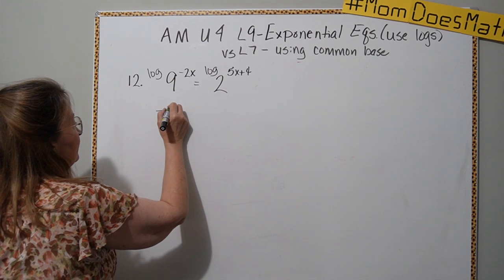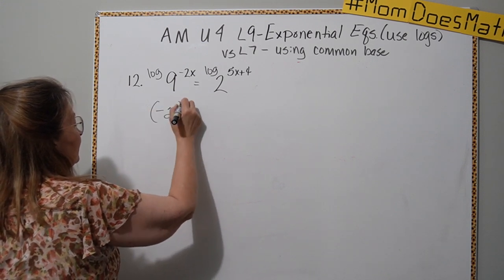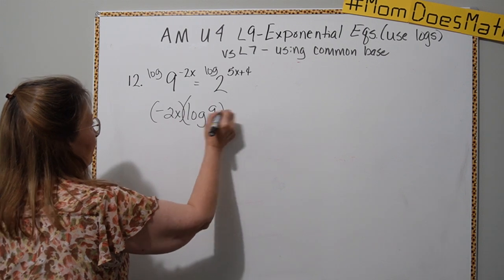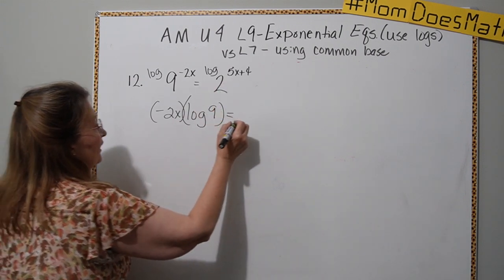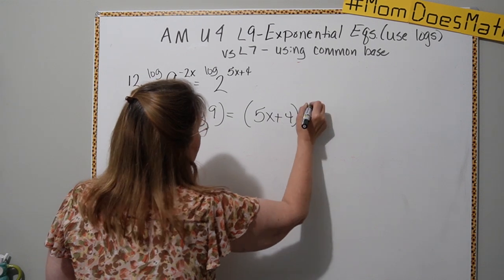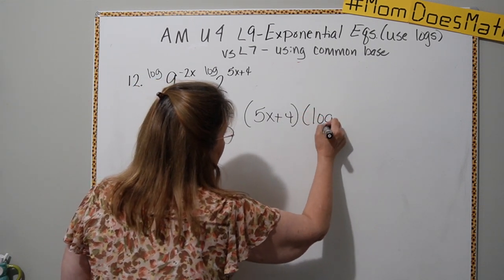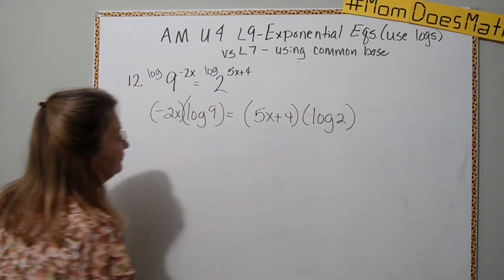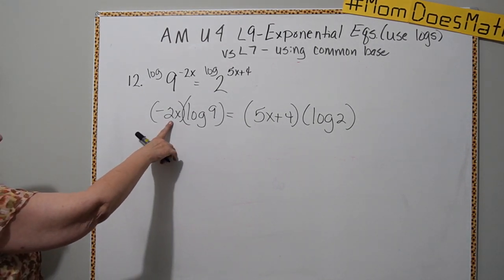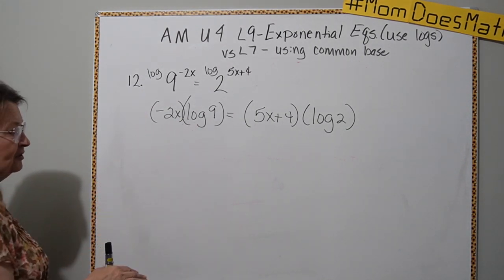So what I'm going to have here is negative 2x times log 9 equals, right here, I'm going to have 5x plus 4 times log 2.